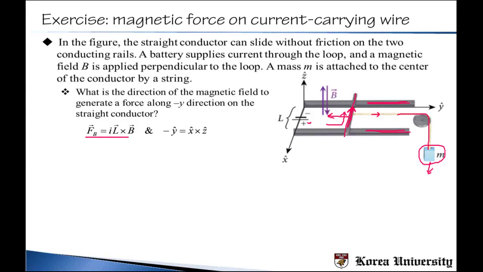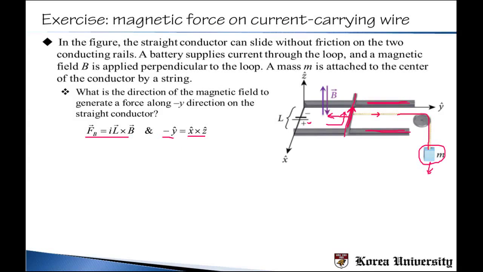And then we want to find the magnetic force to be in the minus y direction. According to the right hand rule and the right hand convention of this xyz coordinate, if you make a cross product between x and z, then you will get minus y. Why? According to the cyclic rule, z cross x will be plus y. So therefore, x cross z will be minus y, right?